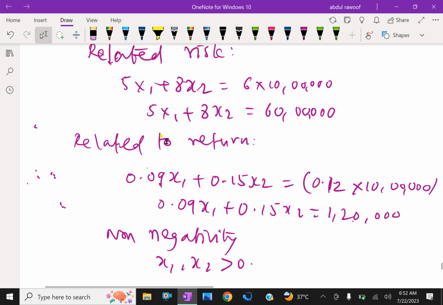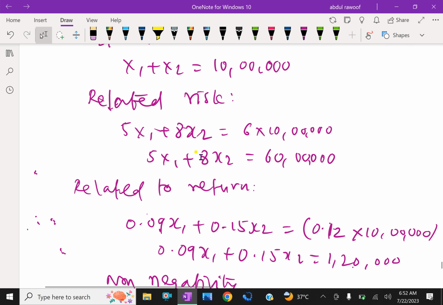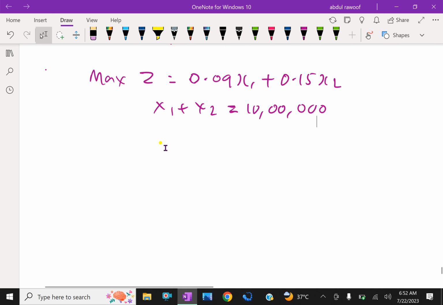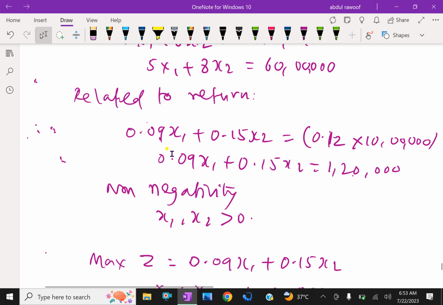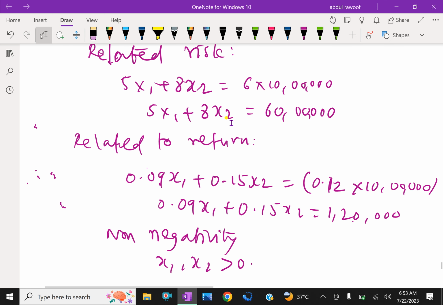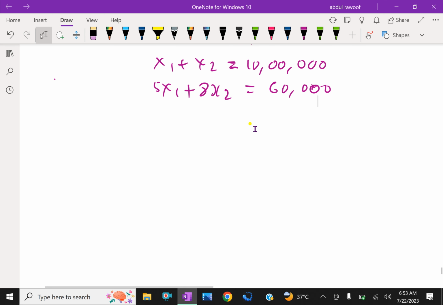The next equation is 5x1 plus 8x2 is less than or equal to 60 lakhs.